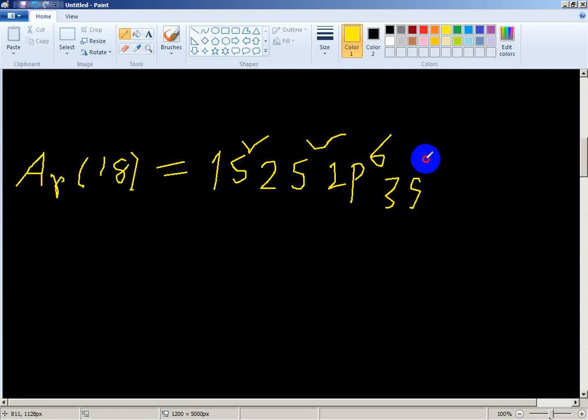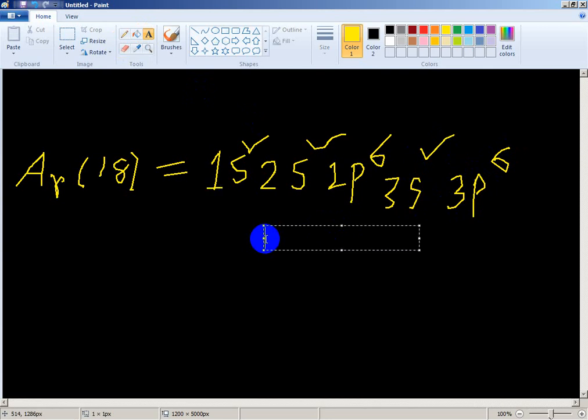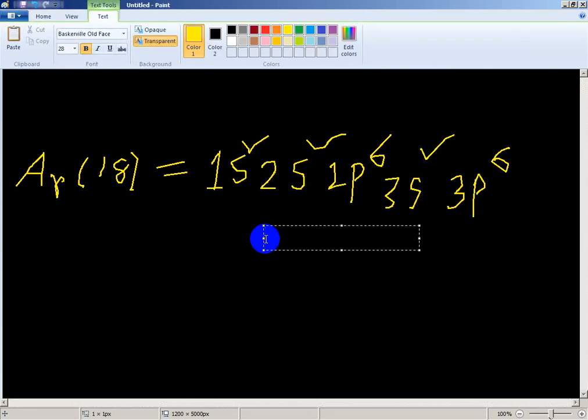So is argon an s block or p block element? Yes, good, p block element, because the last electron enters the p orbital.